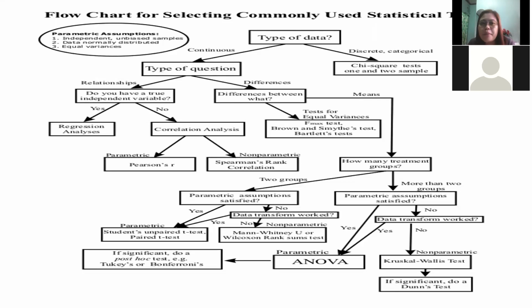Ano lang, for example, when I say wala kay true na independent variable, ang gibutang lang nimo diha sa imong independent variable kay kanang mga, what do you call that, imuhang demographic profile. So pag ingana dirita sa correlation analysis. So pag na-satisfy nato ang mga parametric assumptions, then we will be using the Pearson's R. Pero pag wala, we are here now sa Spearman's rank correlation.